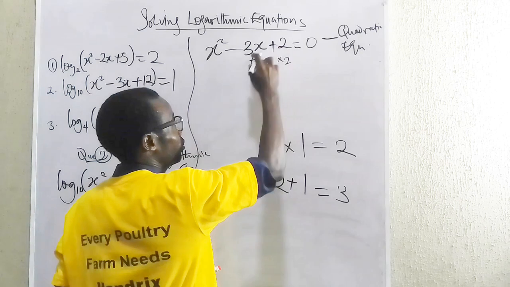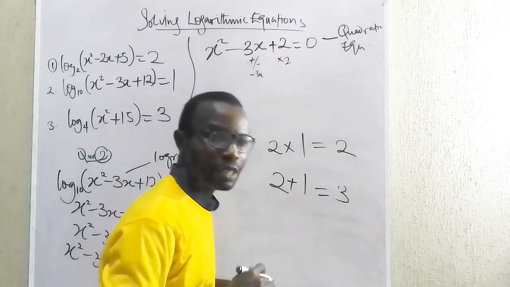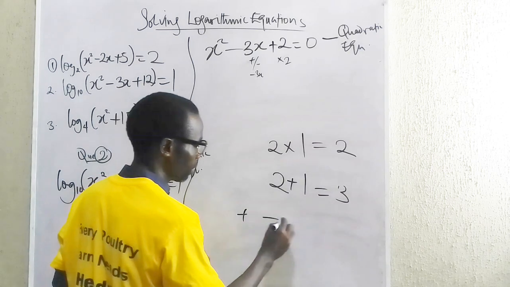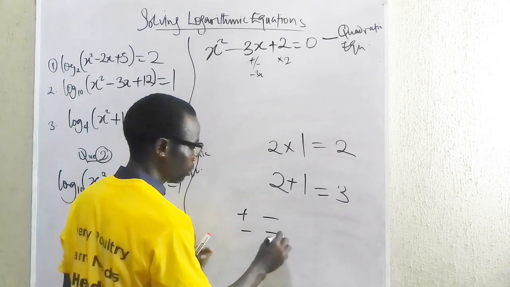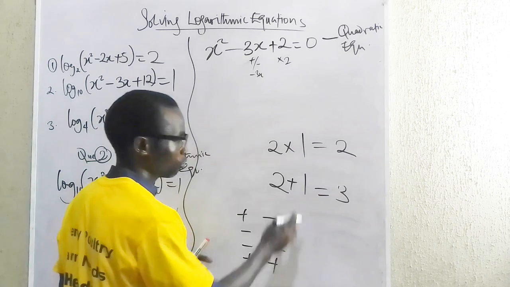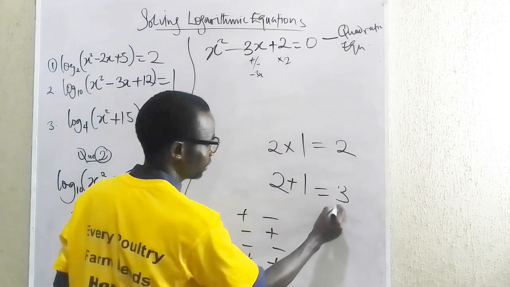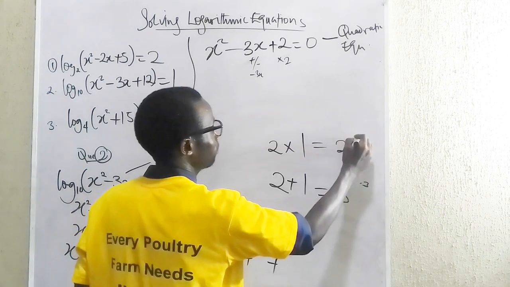So what combination of plus and minus will give me these values of minus 3 and plus 2?